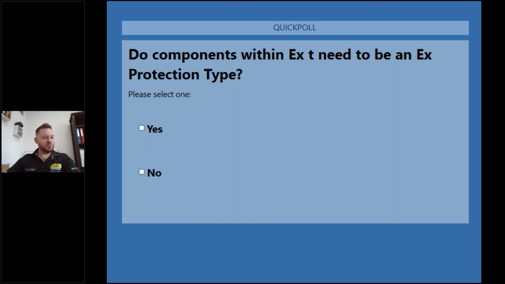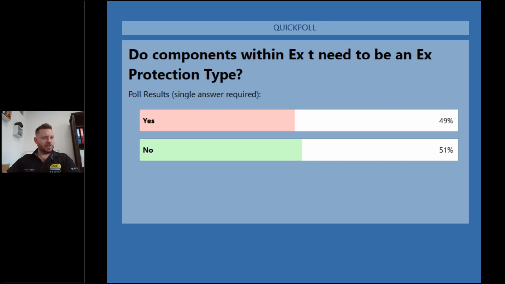There's almost an even split, so I'm going to give it till 90% of people vote. Or give it another 10 seconds. Okay, very interesting results. It's split down the center. So when we say within, perhaps that is open to interpretation.